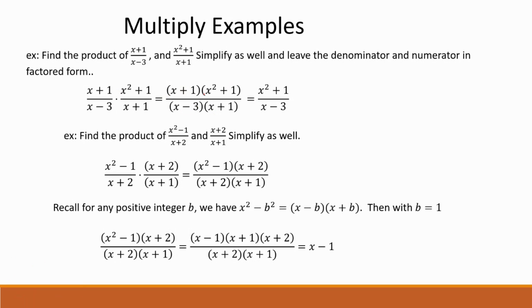Now, these are in factored form, and we can see that we have a common factor of x plus 1. So we cancel it. Doing so, we're left with this on the right side.